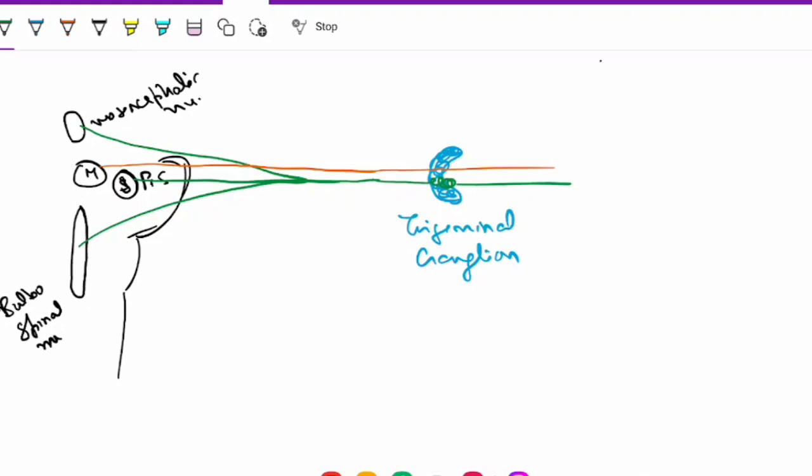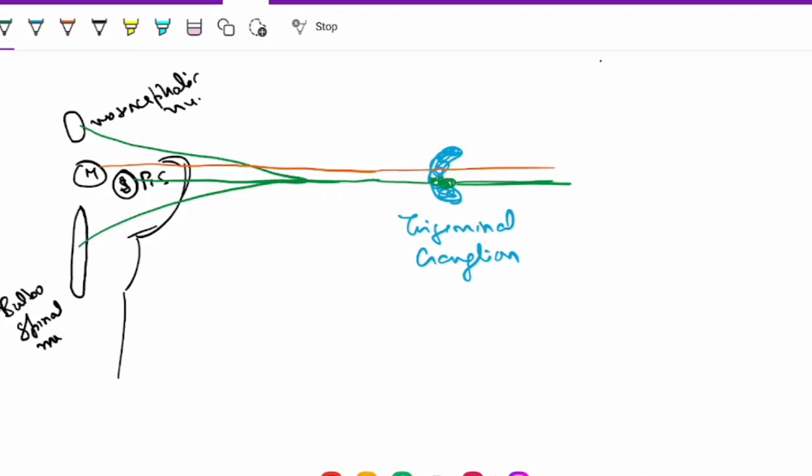Whereas sensory root, if you look at the three sensory roots, they combine together, they are going to be relaying over here, and then they come out of the ganglion. They do not come like this actually. They come out in a more organized way, but I'm just telling they are going to relay and come out. Motor nerve fibers are not going to relay. Anyways, moving forward.